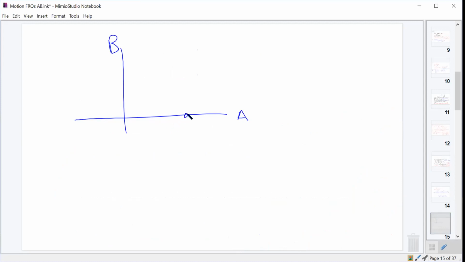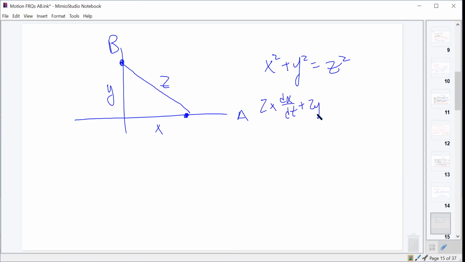The distance between them, we'll call this x, and we'll call this y, and z for the distance between them, and those can be related using x squared plus y squared equals z squared. And so this is going to be a related rate problem where 2x dx/dt plus 2y dy/dt equals 2z dz/dt. And we're interested in all of these things when t equals 2.